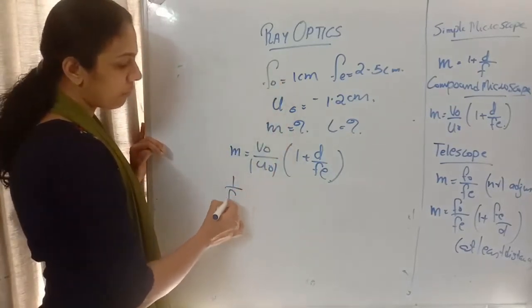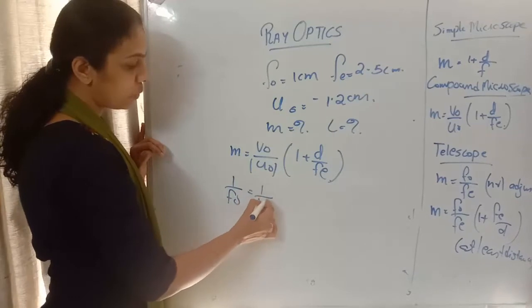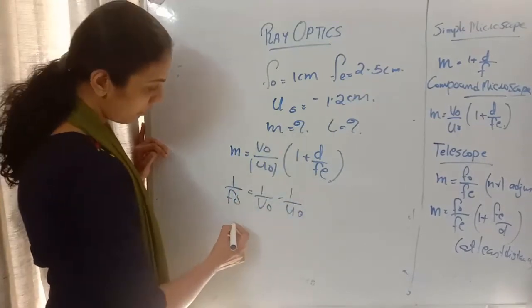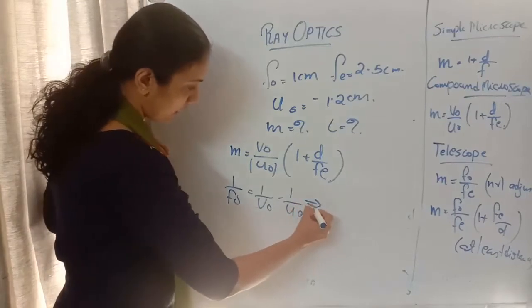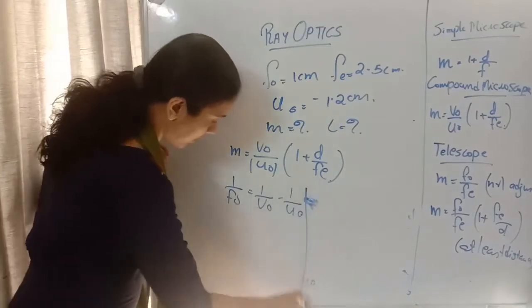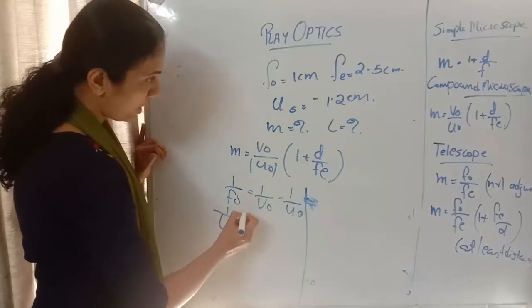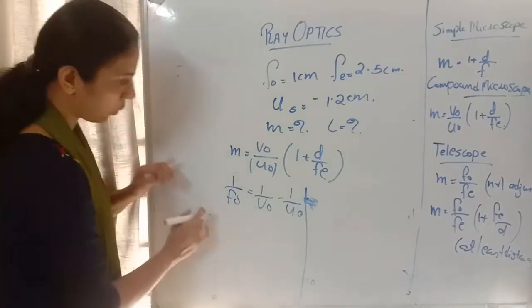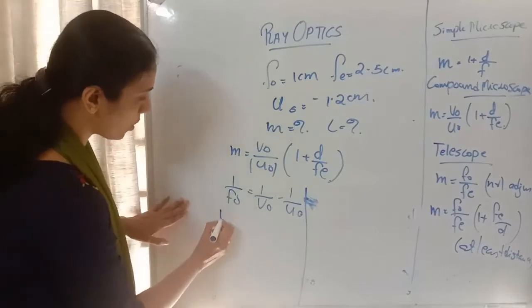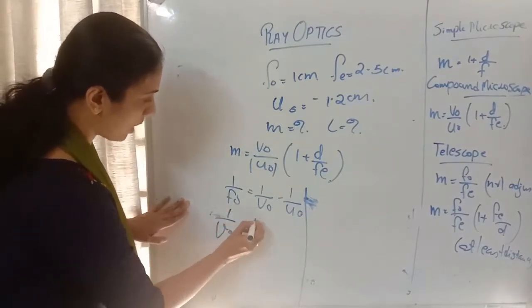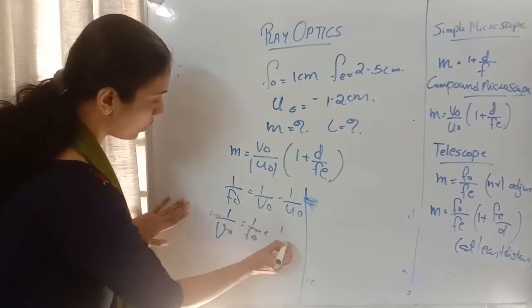So 1 by FO equals 1 by VO minus 1 by UO. Therefore, here we can write it as, otherwise I'll do like this, VO we need to find out, right? So 1 by VO equals 1 by FO plus 1 by UO.